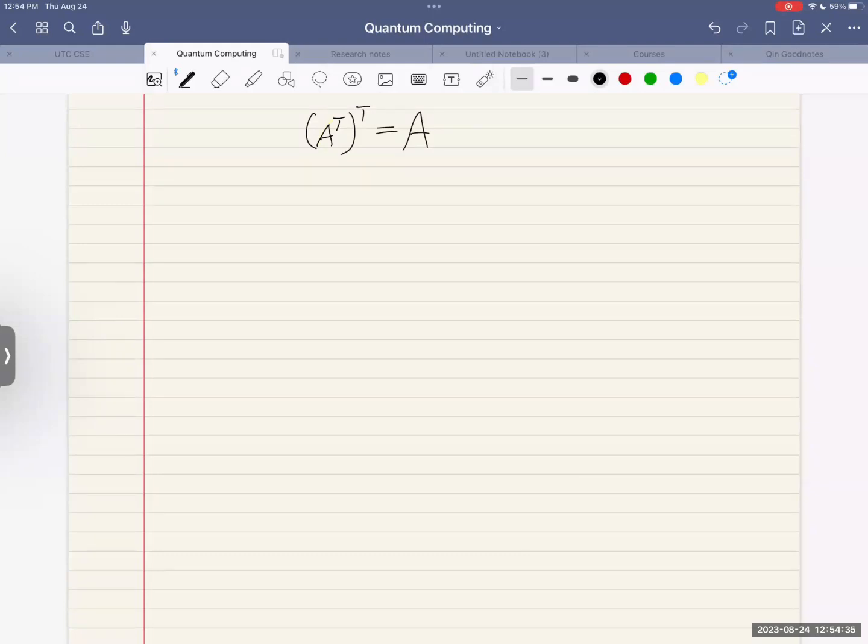So if we flip again, it's back. And we have A plus B transpose, which becomes transpose of A and transpose of B, added up. And for the conjugate, we have the conjugate of A and then the conjugate again. What is that?